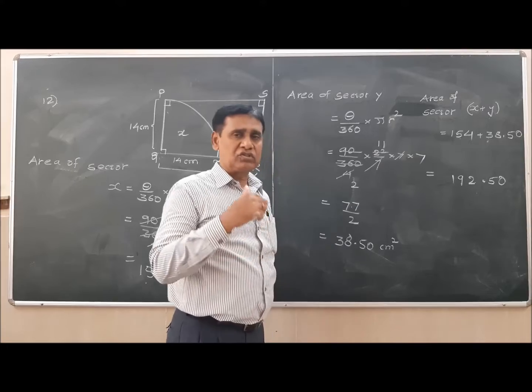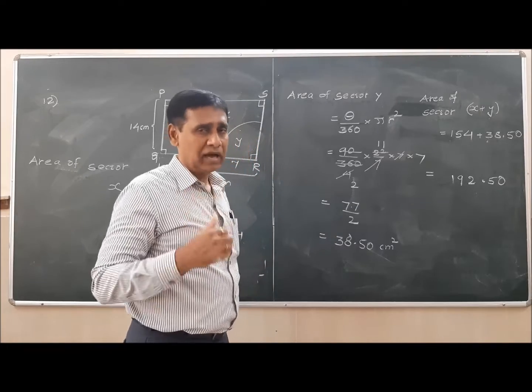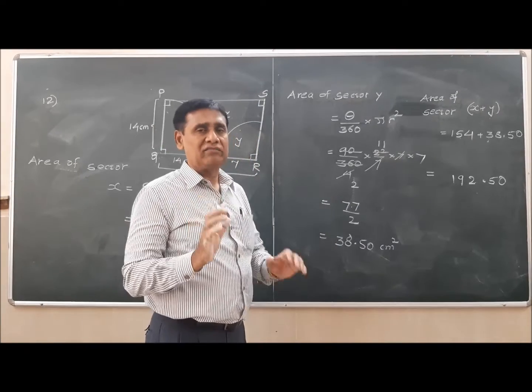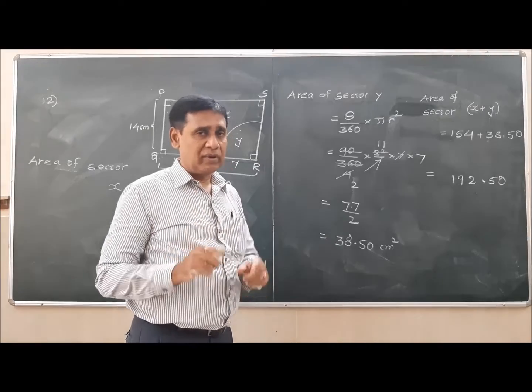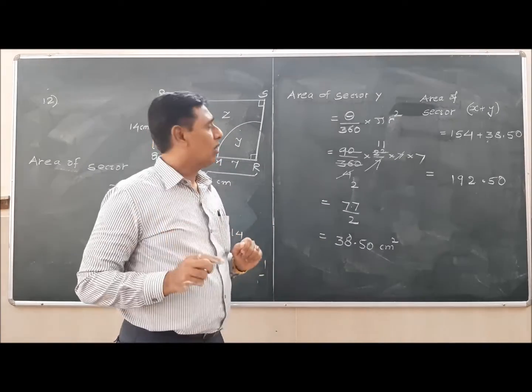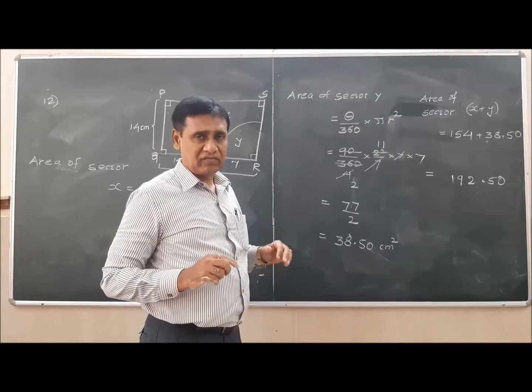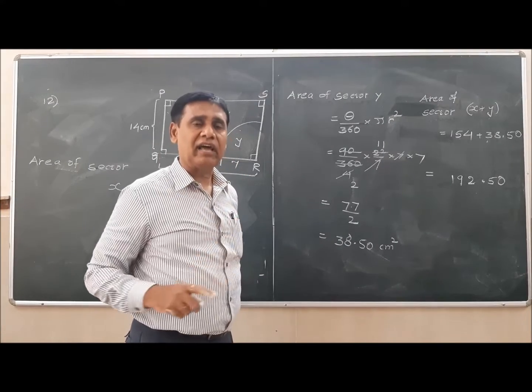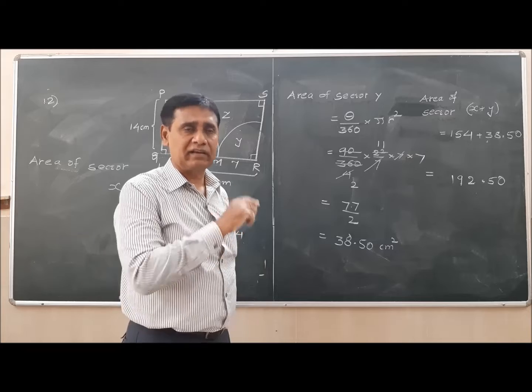Earlier only, before beginning this sum, I explained why I have to add X plus Y. Because Z is not a sector. So now I got the value of X and Y. But you will find I can also calculate the value of the rectangle.